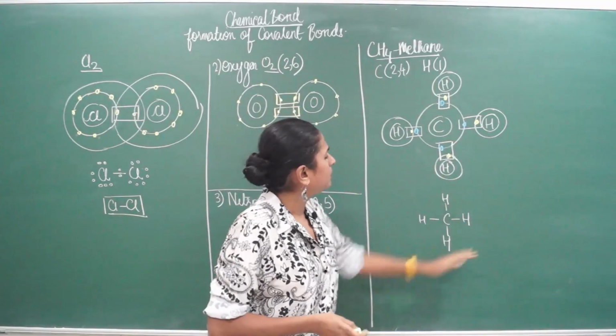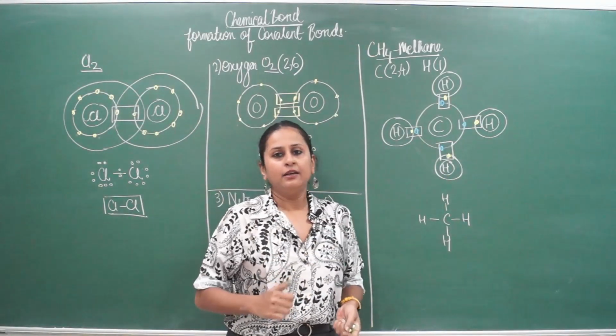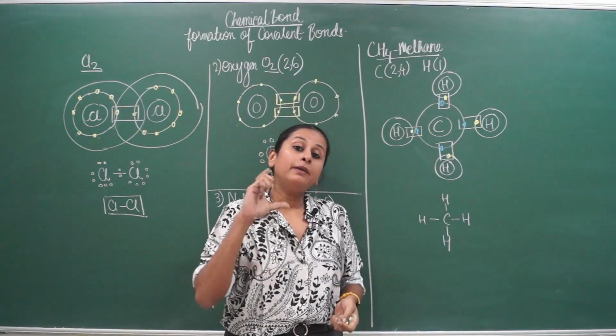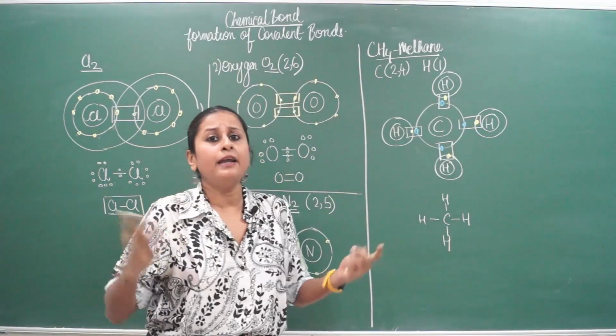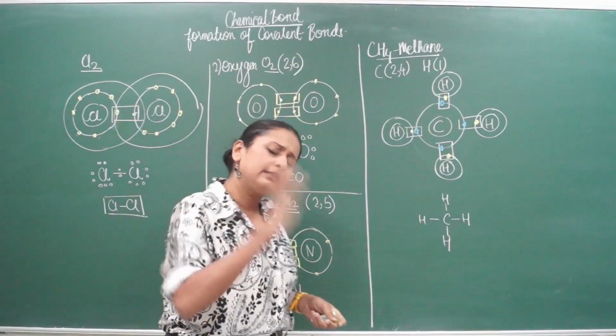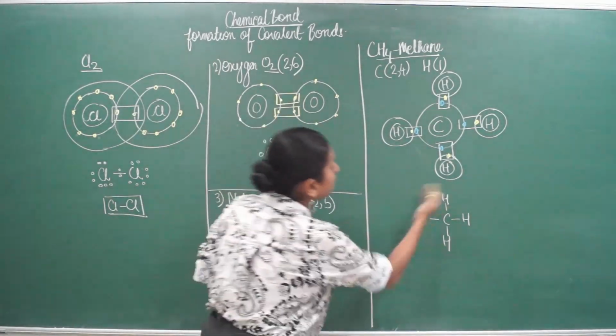What is the covalency of methane? That question is completely invalid. Covalency can only be determined between 2 atoms, any 2 atoms. It cannot be determined for the whole compound. Here there were only 2 atoms, so we could say that the covalency is 1, 2 or 3. Here there are 5 atoms.